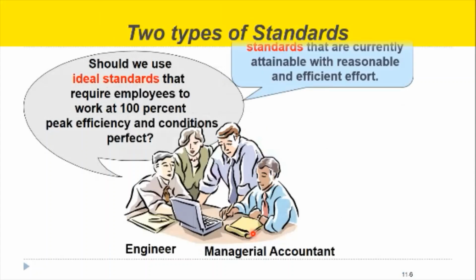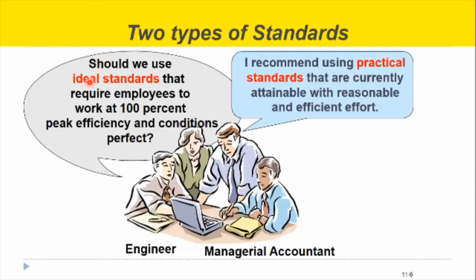You have two types of standards. One is ideal standards. These require that employees work at 100% peak efficiency because it's ideal or perfect, and the conditions also must be perfect. And then you have practical standards. They are attainable with reasonable efficiency and effort.